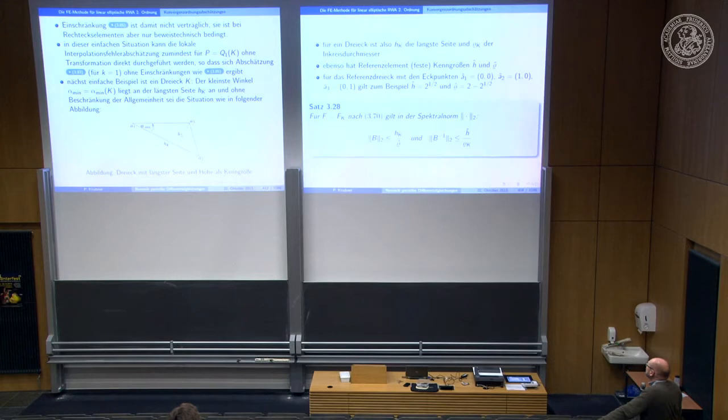What we did up till now, we handled them in the spectral norm and the norm induced by the Euclidean norm by means of these 2 estimates, and that means we would get basically products of this type, which were then, by these estimates, h_K over rho_K, and that was the place where we came in with the shape regularity. So now we try to be a little bit more precise and look directly at this product without doing this estimate immediately.